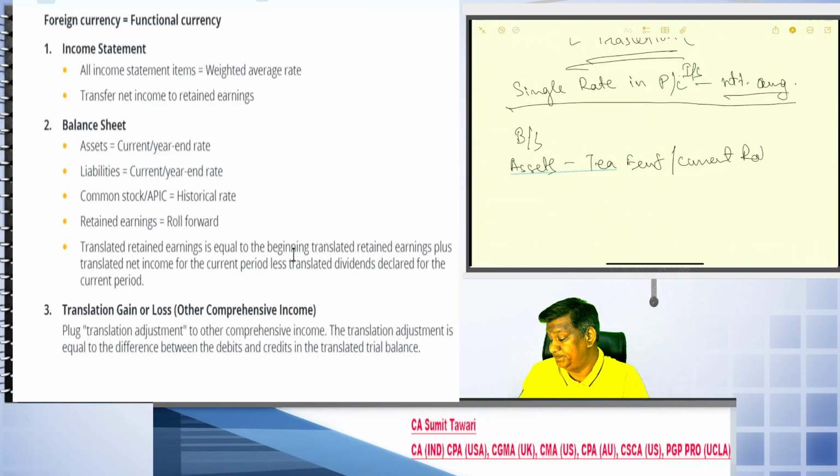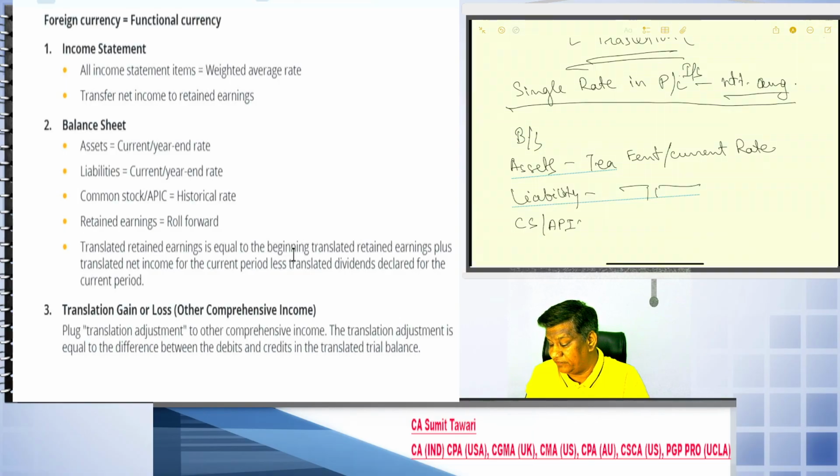Liabilities the same. So assets means total assets, again the same. But common stock or additional paid-in capital, the equity section, is at the historical rate.